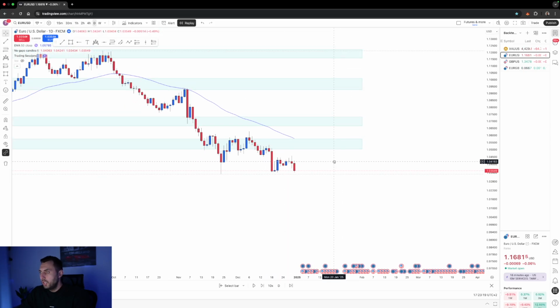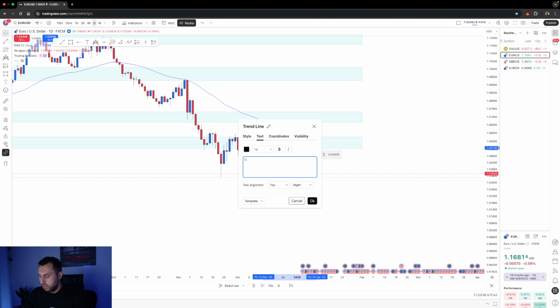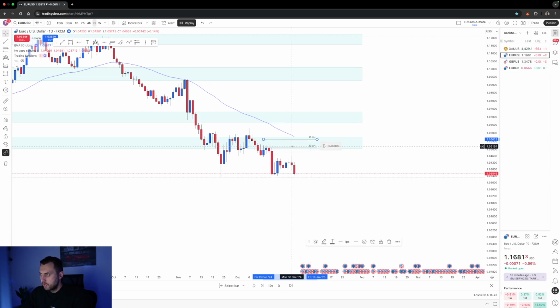Now on the daily, we also see that we are in a bearish move. Here, let's say, daily lower high. And here, daily lower low.